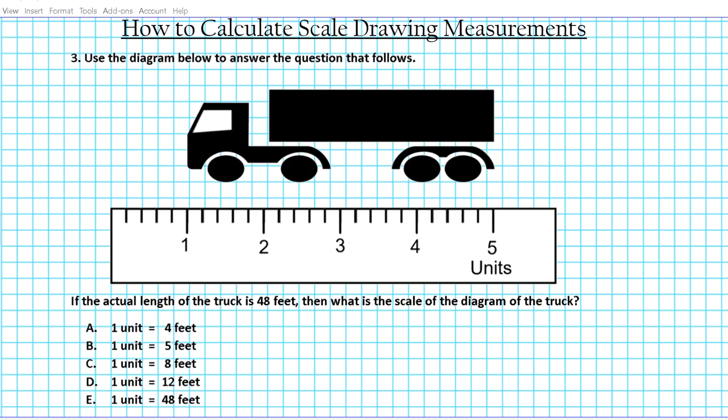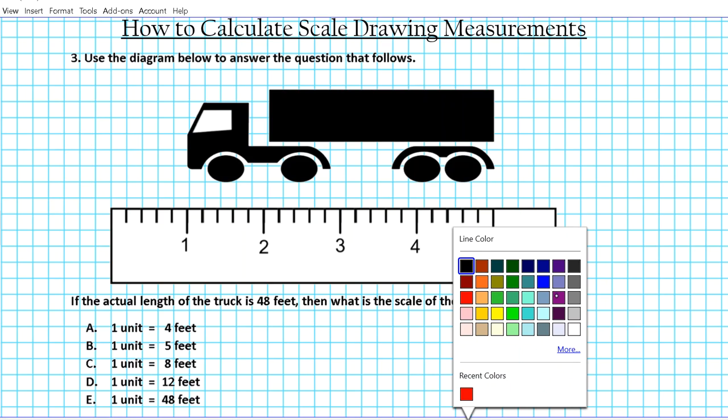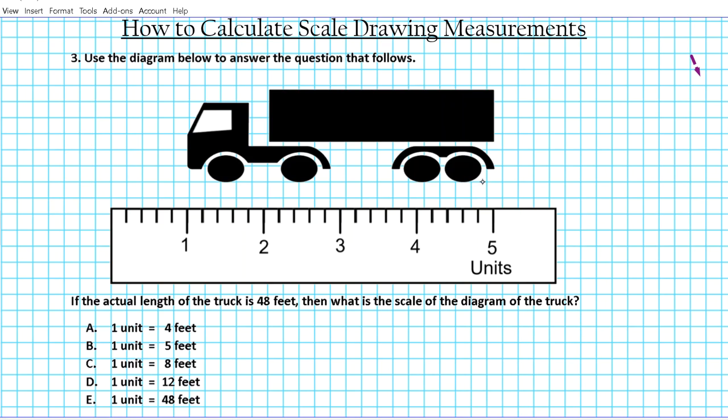One common mistake that most students make is they'll just focus on the end of the truck and match it to the ruler. They say, oh, you know what? The back of the truck corresponds to 5 units. So 5 units on this truck will correspond to 48 feet. But is that correct?